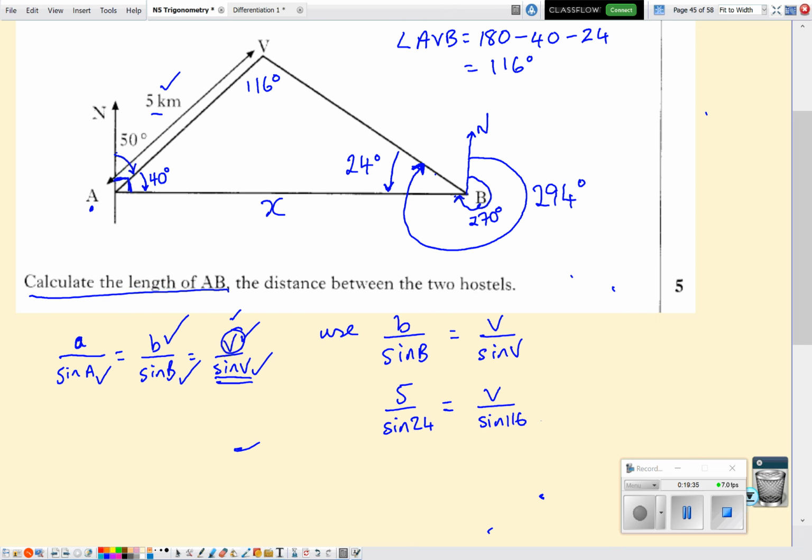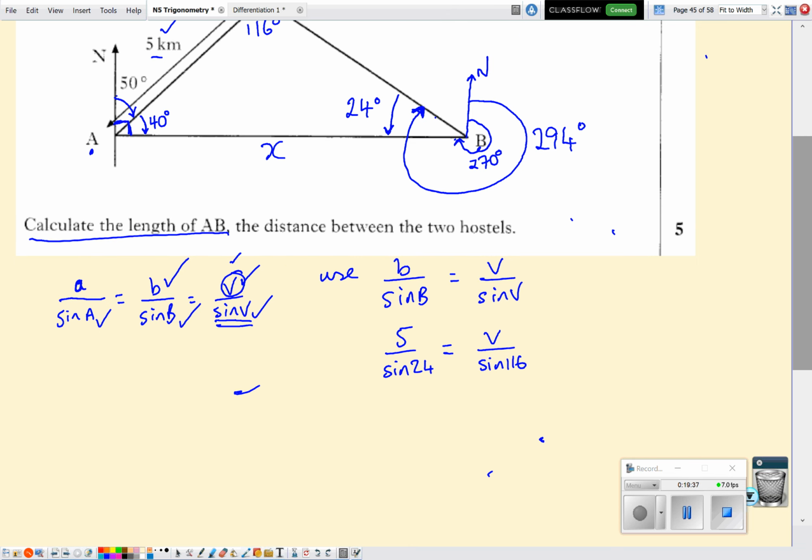And hopefully you're remembering how to solve it from here. Times by sine 116, both sides, and we're going to get 5 times sine 116 over sine 24. Remember, be careful when you're popping this into the calculator, close all the brackets that will appear around the angles, right? Otherwise you'll get math errors.